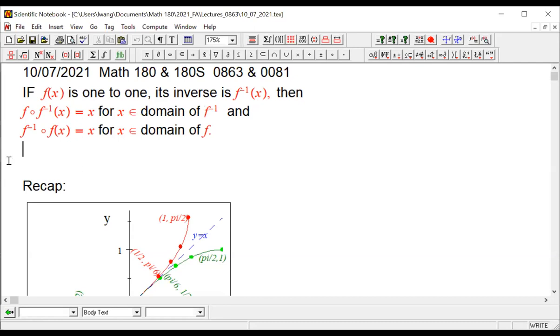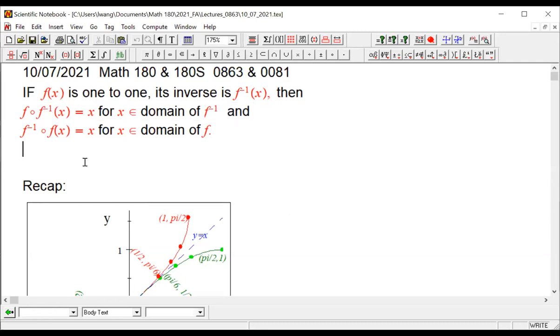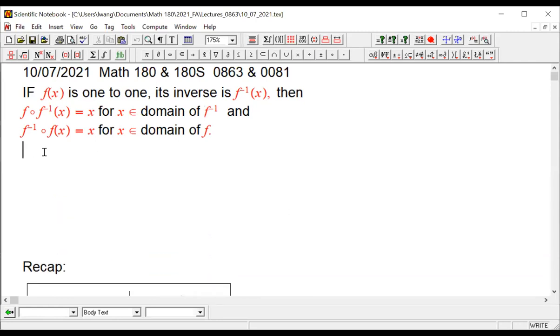Now, these 2 properties still apply in our situation. Let's see how it applies. So in our situation, what did we have?